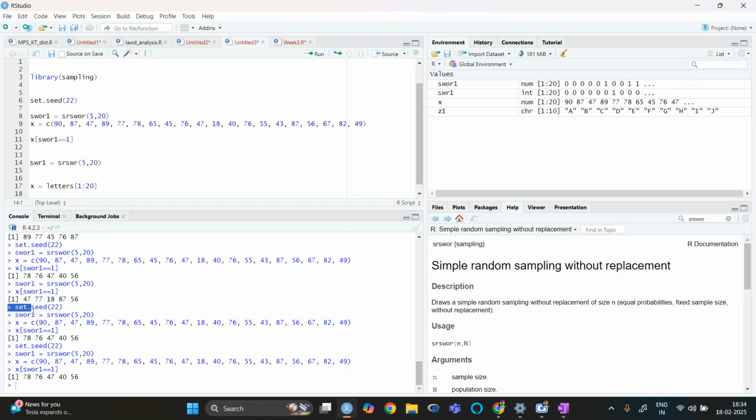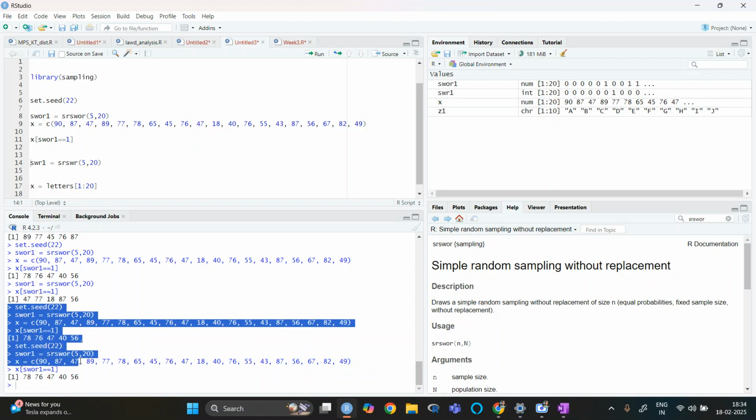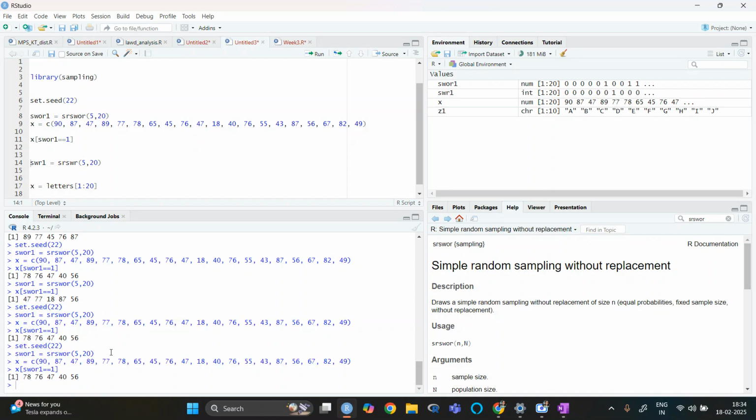Here I got 78, 76, 47, 40, 56, and if I run it again, it is 78, 76, 47, 40, and 56. So even if I run it again and again, I will get the same sample. Okay, so this was about sampling.